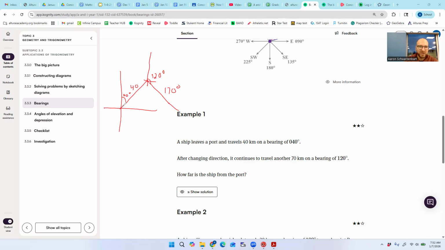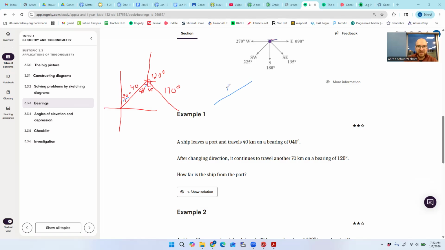Okay, so this is 40. That means this right here is going to be 40. And that's 60. So 120 plus 60 gives me 180, straight south. These two right here are alternate interior angles between vertical lines.